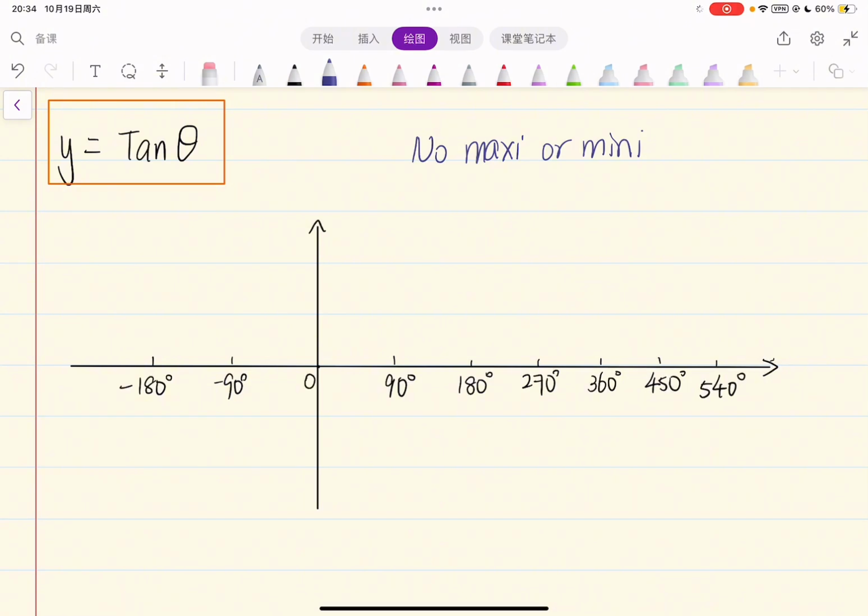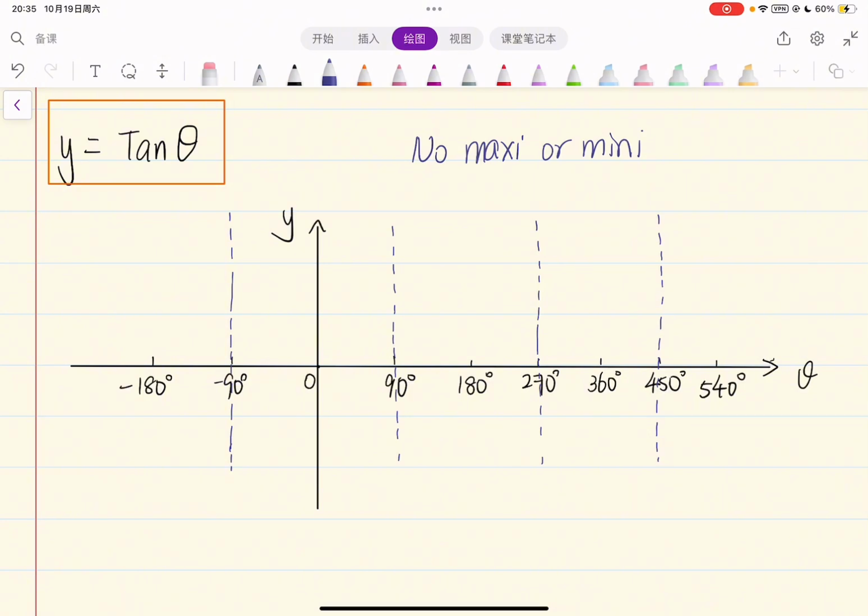Those asymptotes are theta equals 90 degrees, theta equals 270 degrees, theta equals 450 degrees, and also theta equals minus 90 degrees. They are the vertical asymptotes of y equals tangent theta.